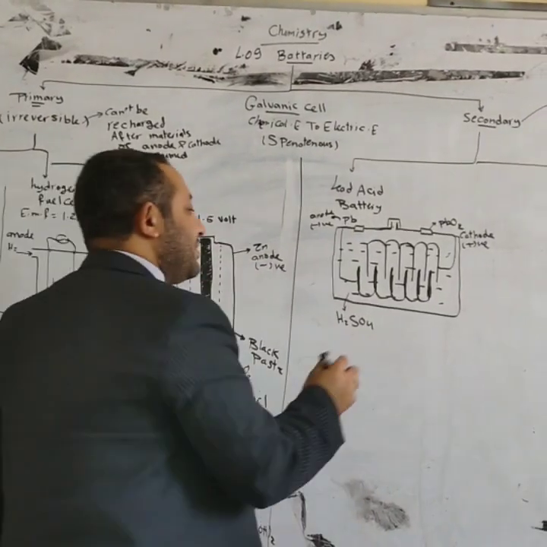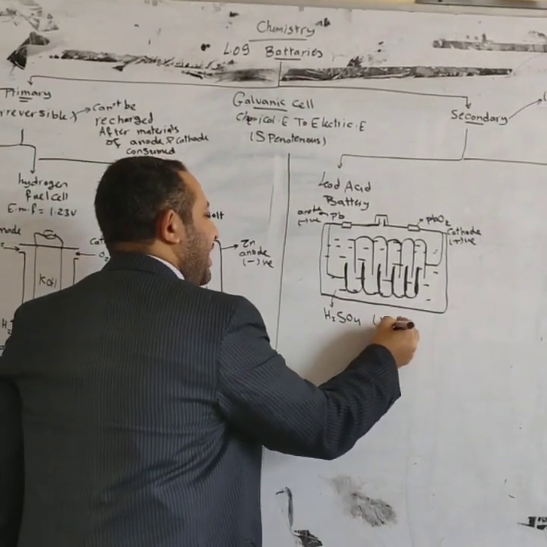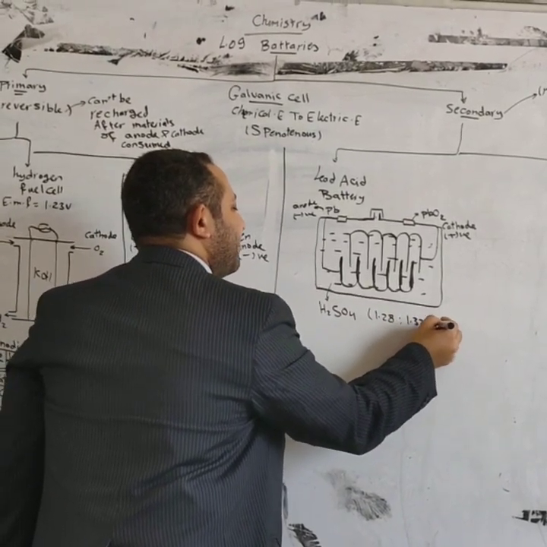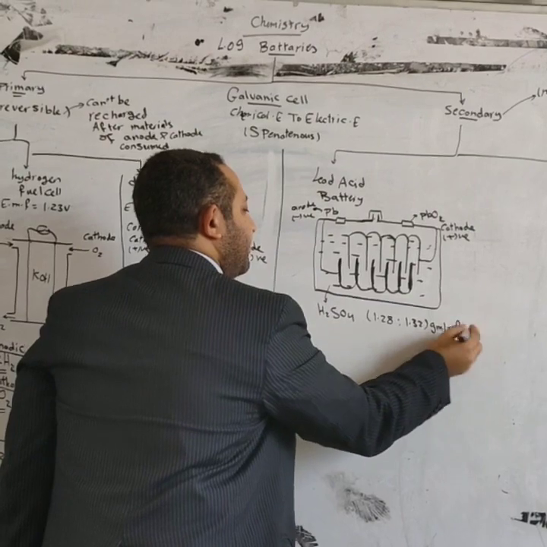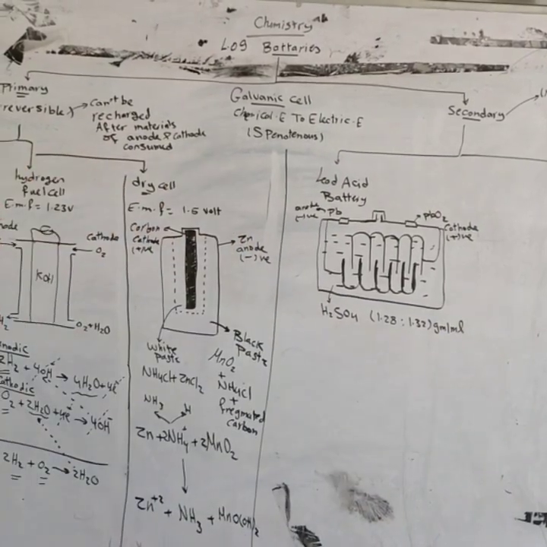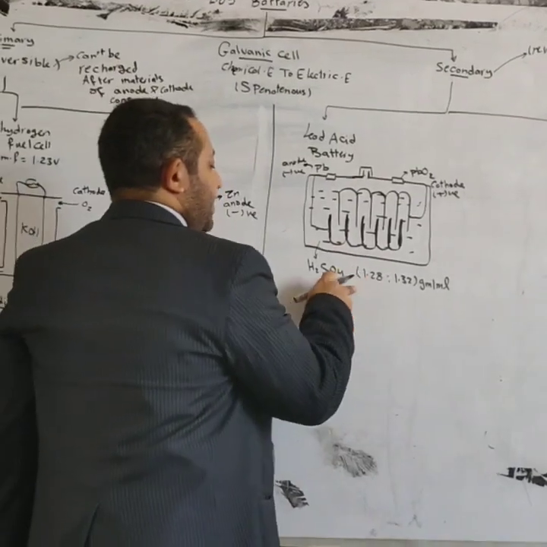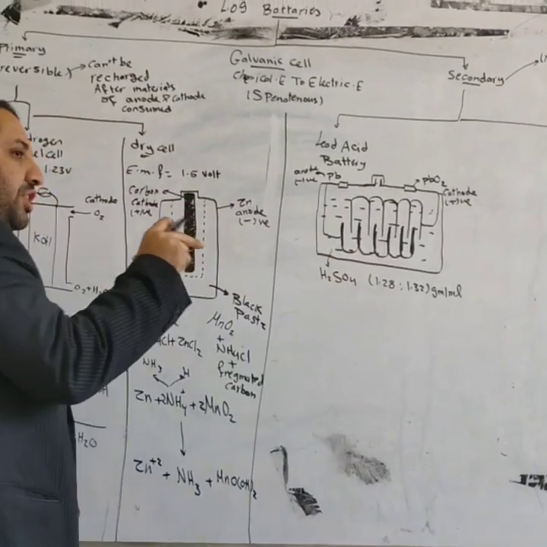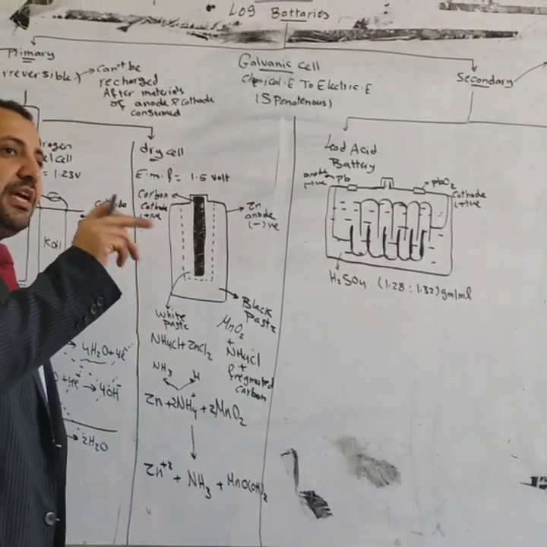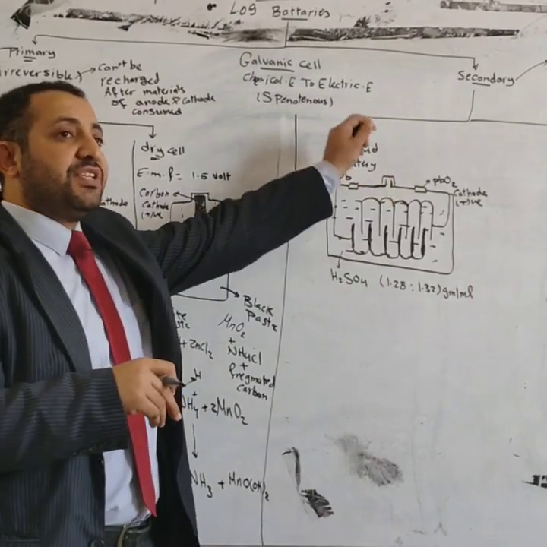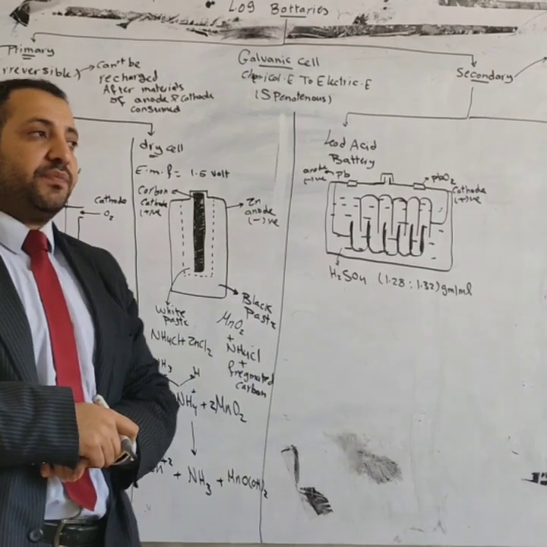We will find the density ranges from 1.28 to 1.32 gram per milliliter. If the density of this liquid changes inside this battery, the reaction may stop. So we can add acid by opening this cover.